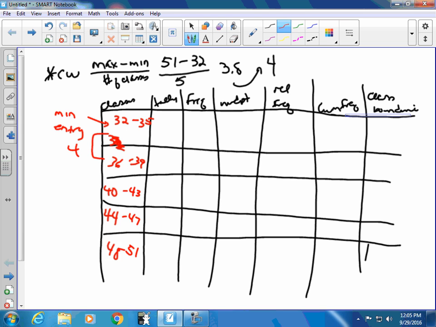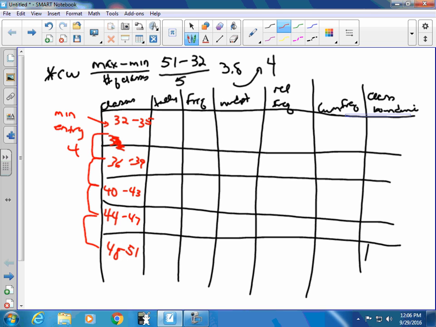If you think about it, from 32 to 35, 32, 33, 34, 35 has 4 digits in it. That's your class width, 4. But the rule of thumb when you do this and you subtract is that you have to add 1. So to get around that problem, I want you to run your class width down like this. All the way down here is 4 all the way down.